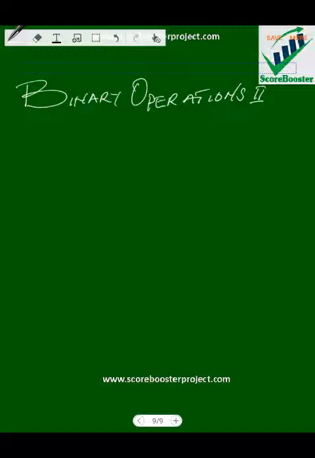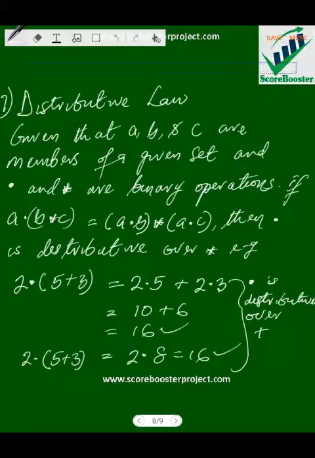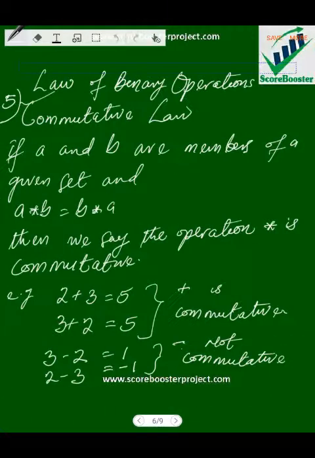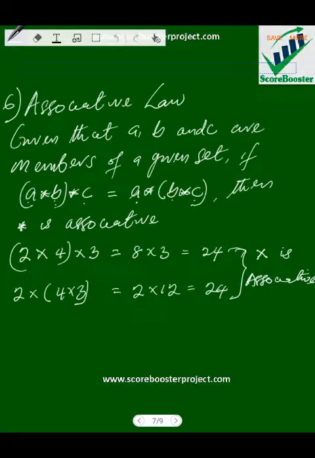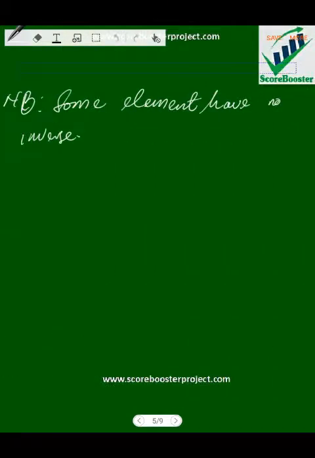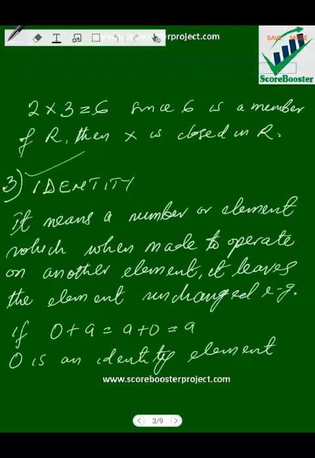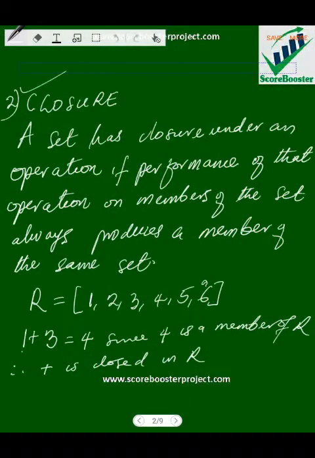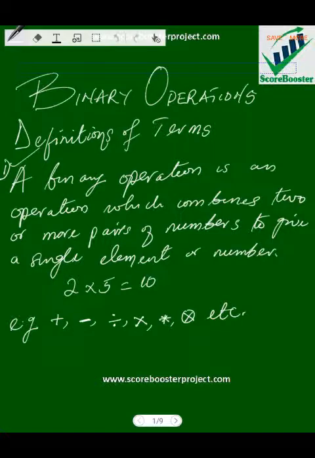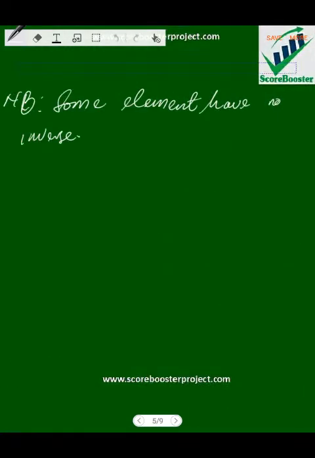I will be continuing with binary operations. The last video in binary operation, we covered a lot of definitions of terms. I'd like you to just go through them. We have commutative, associative, and we have defined inverse, identity, closure, and the basic definition of binary operation was also covered.